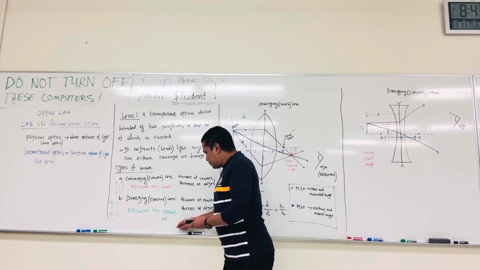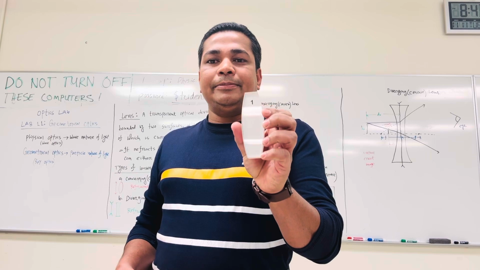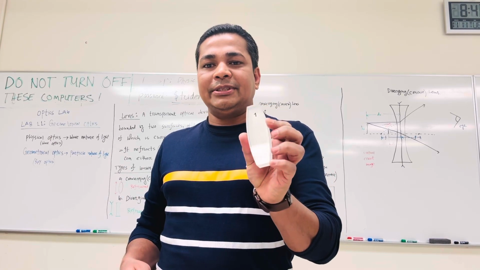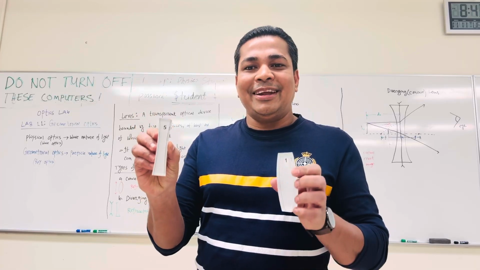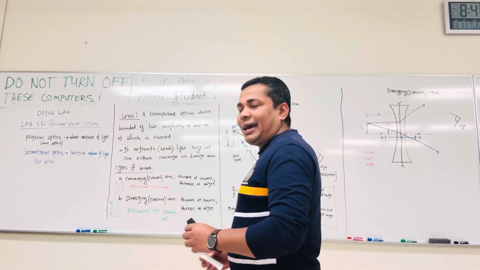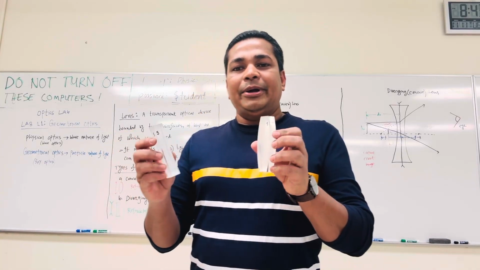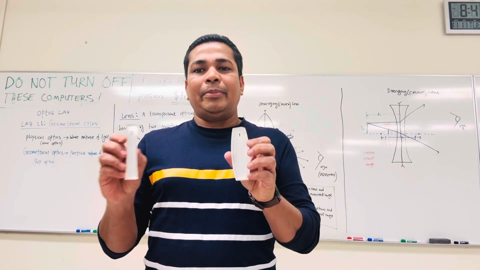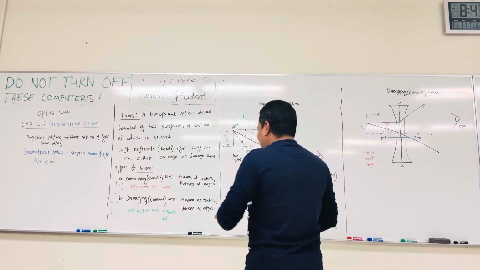So I can show you the lens. This is a converging lens, this is the shape, and this is a diverging lens. We have these two lenses, and they are made of glass or plastic. So these are glasses.